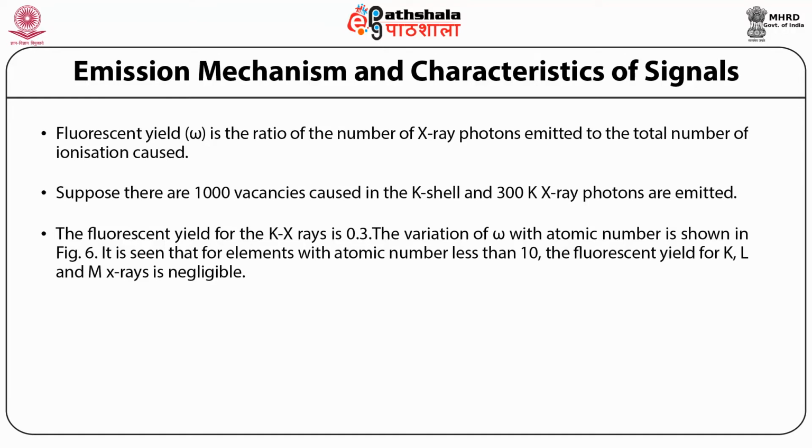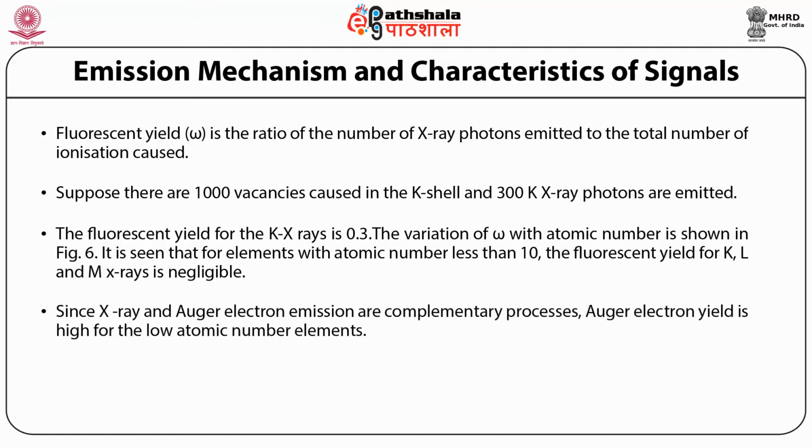It is seen that for elements with atomic number less than 10, the fluorescent yield for K, L and M X-rays is negligible. Since X-ray and Auger electron emission are complementary processes, Auger electron yield is high for the low atomic number elements.